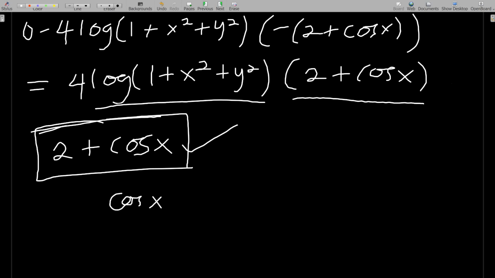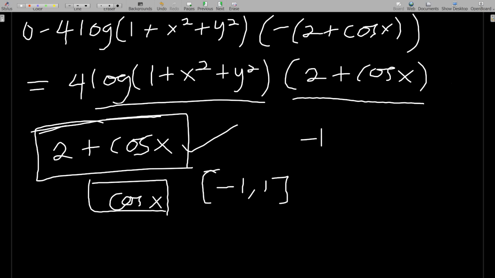Here it demands analytics, so you have to analyze it very clearly. The range of cos x is given as -1 to 1, meaning the least you can get is -1 and the greatest you can get is 1.